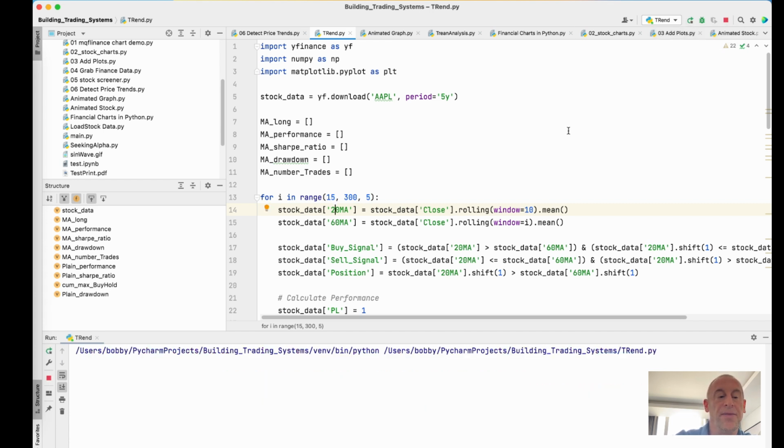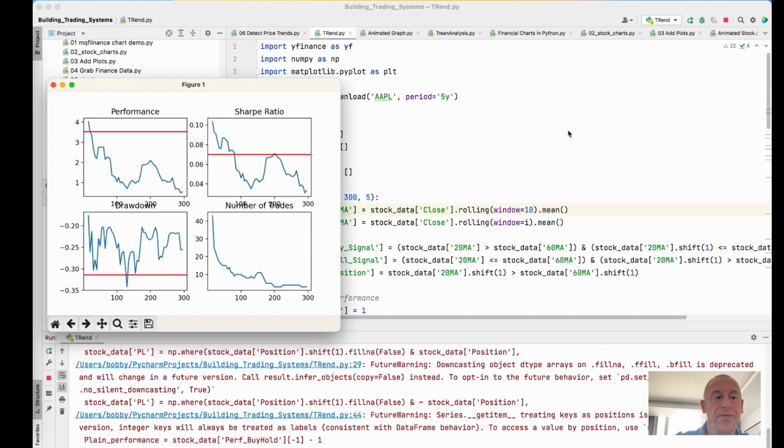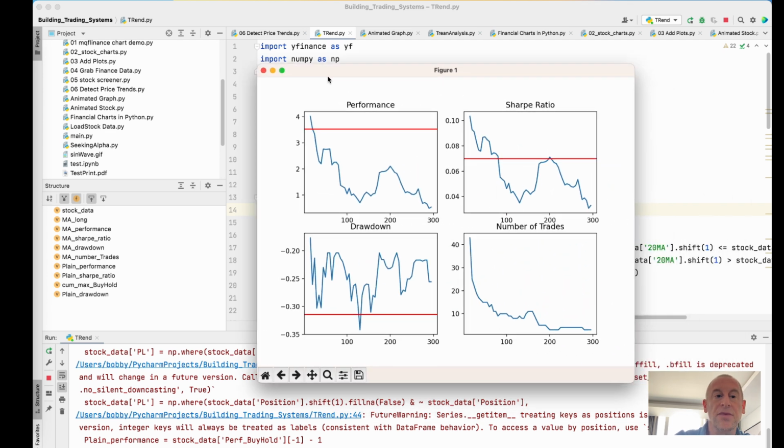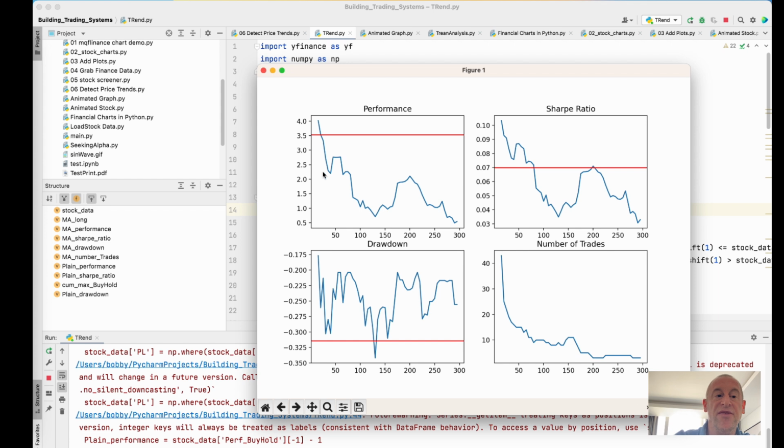Okay, if I have a quite low number of days, for example a 10-day, 15-day or 20-day moving average, then I can outperform the market, and I also get a good Sharpe ratio. And my drawdown becomes significantly lower, but my number of trades becomes high.